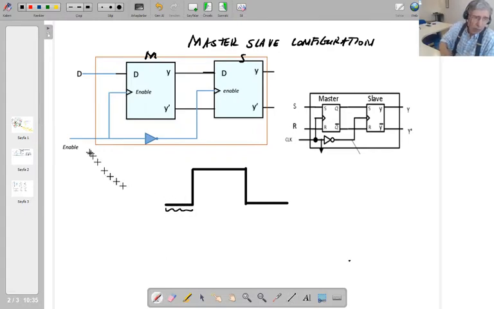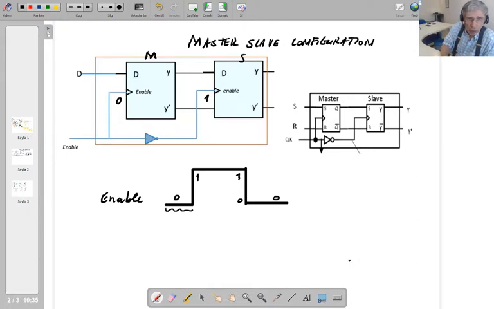Let's examine what happens in this time interval here. In this time interval, this is enable. When enable is 0, that is 0, and the NOT of 0 is going to be 1.